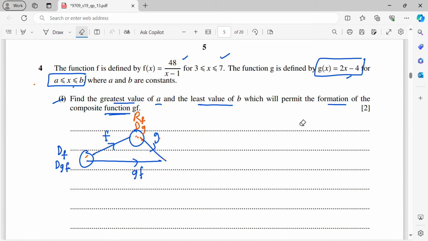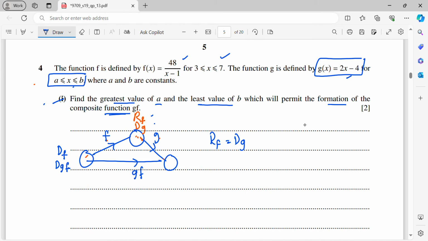So which means I would say the range of f is the same as the domain of g. When you look at this orange color writing, I will write range of f is equal to domain of g.